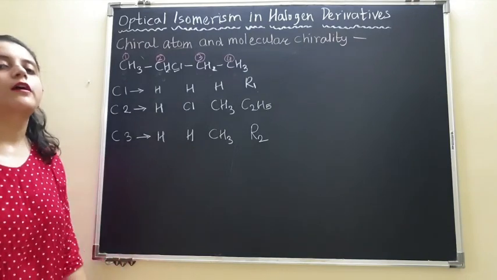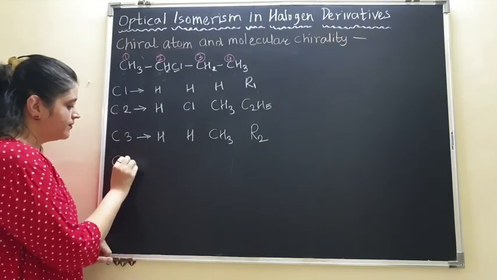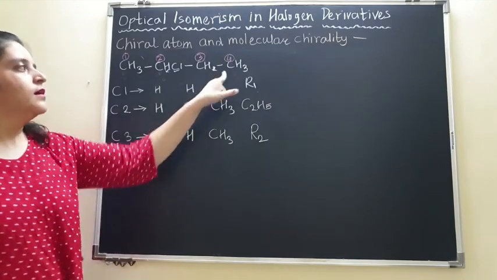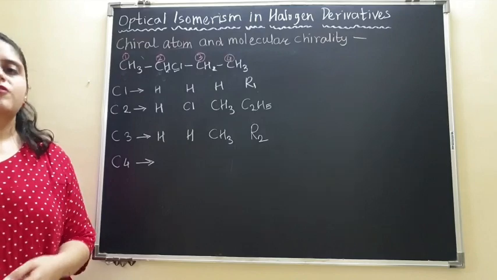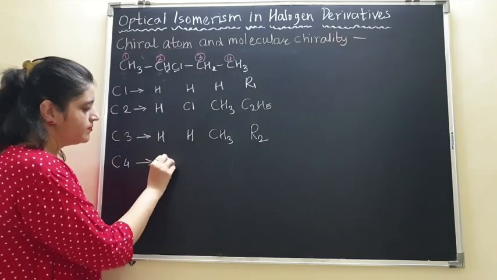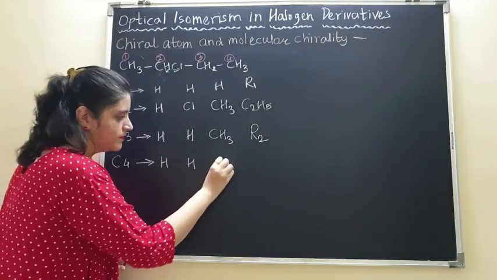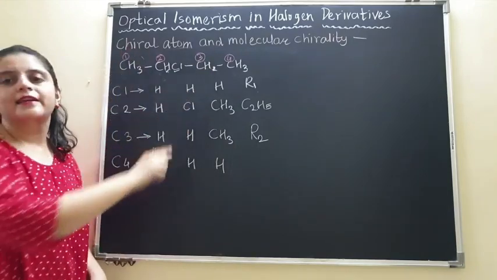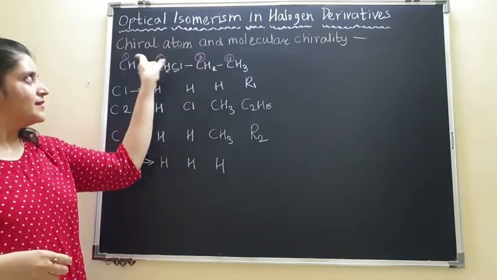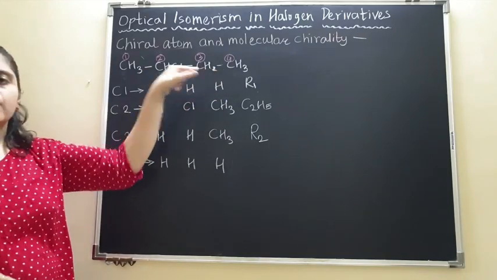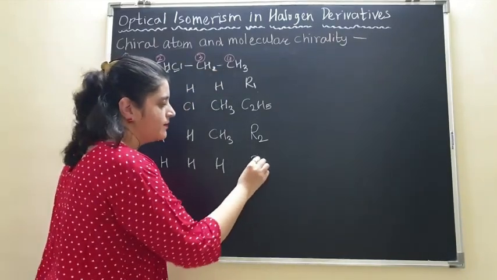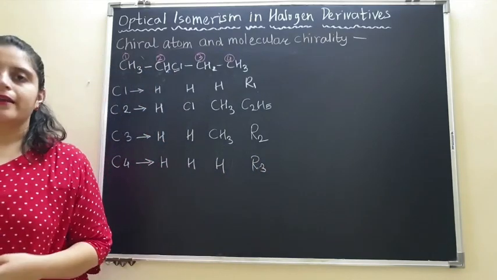Then let us go to the fourth carbon. It is written as CH3, so obviously there are 3 hydrogens attached. And this entire group which is attached to the fourth carbon, I will represent by R3.